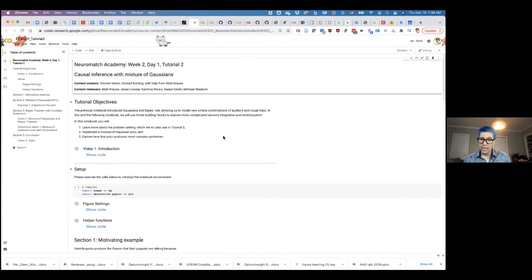It's a much more complex case, and I'm pretty sure that the book explicitly deals with it. What it basically forces us to do is to explicitly do those integrations. The base assumption that we had here is that the probability of vision and audition given the stimulus can be written as the probability of vision given the stimulus times the probability of audition given the stimulus.